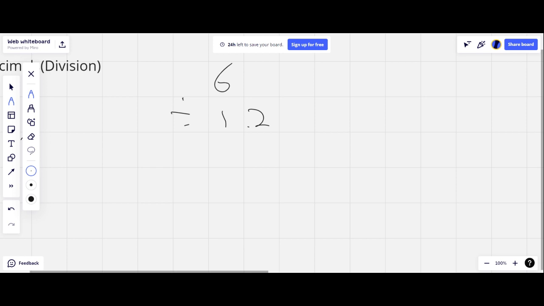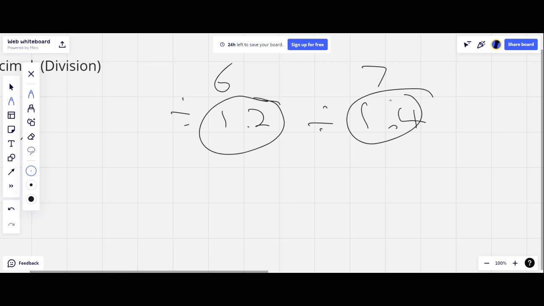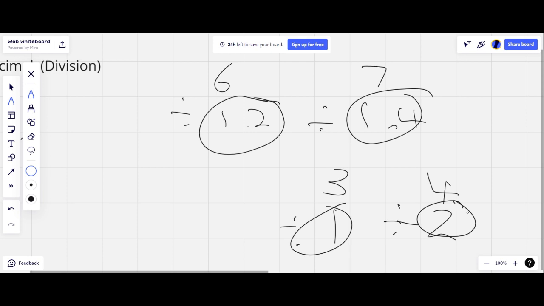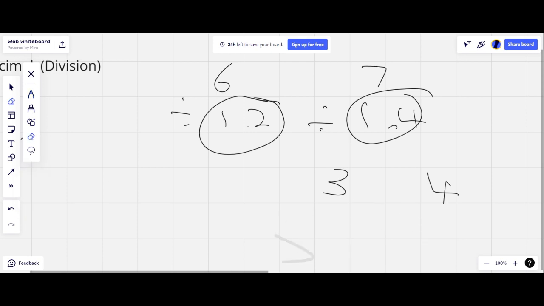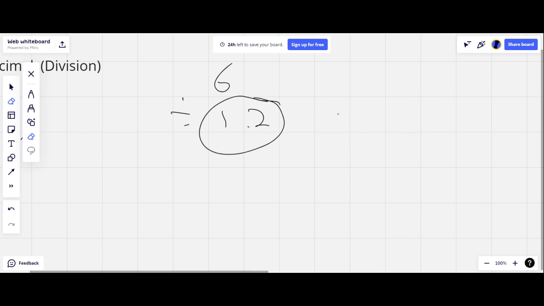So the number that's near 1.2, like in 7 divided by 1.4, it's the last number, effectively. Hopefully you understood that.